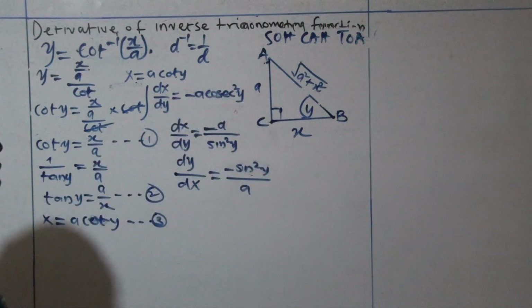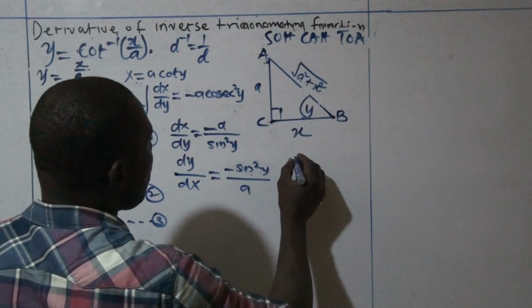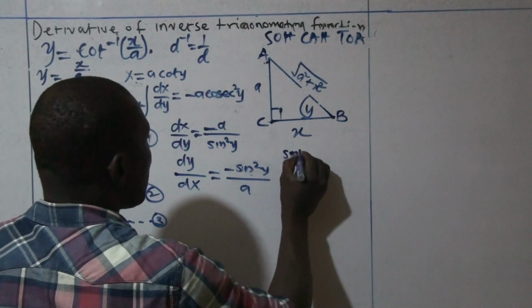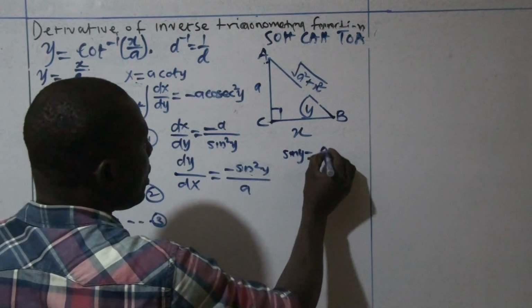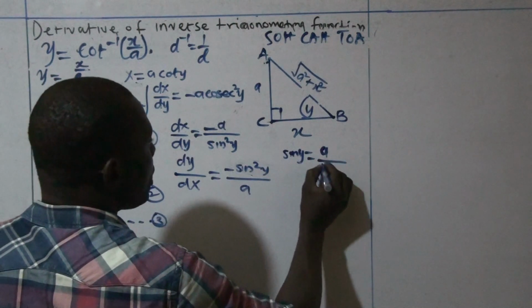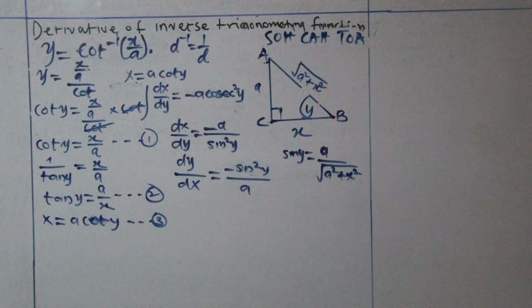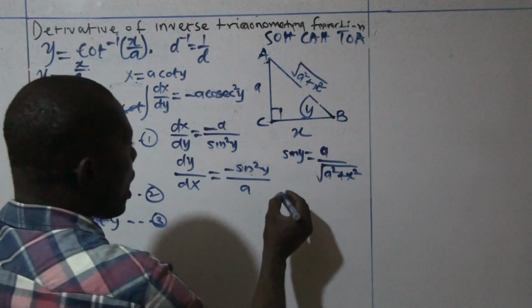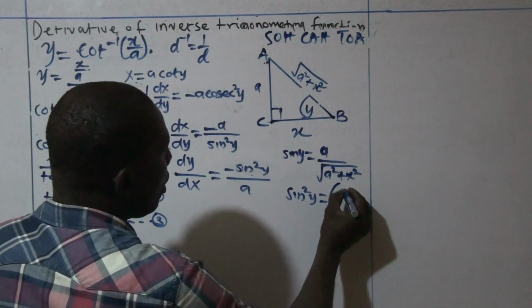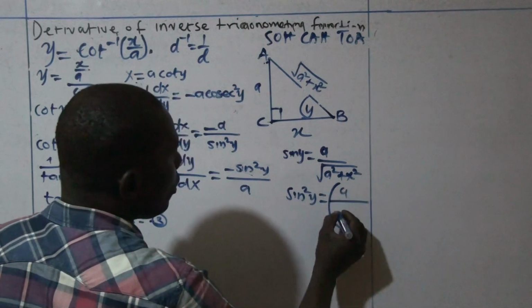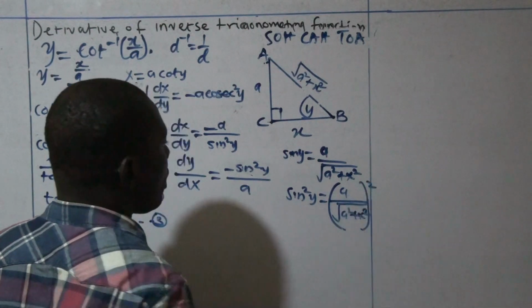Our opposite is a, and our hypotenuse is the square root of a square plus x square. Since we have sine square y here, this becomes a over the square root of a square plus x square, all squared.